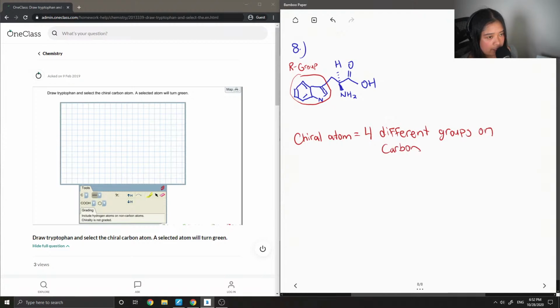So if we try to find it in this structure, I will highlight it with an asterisk. It is right here. Because it has the nitrogen group, it has the carboxyl, it has a hydrogen, and then it has the R group on the left. And then I'll just also name this. It's going to be L-tryptophan.